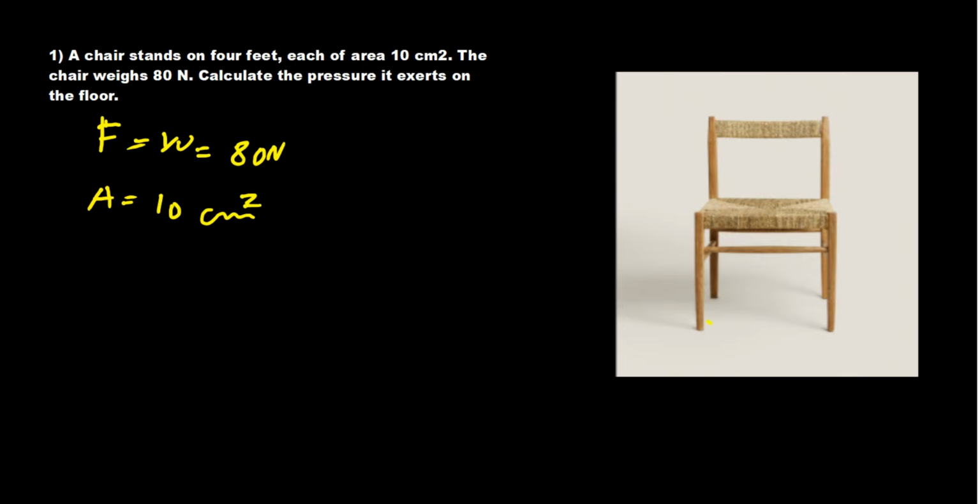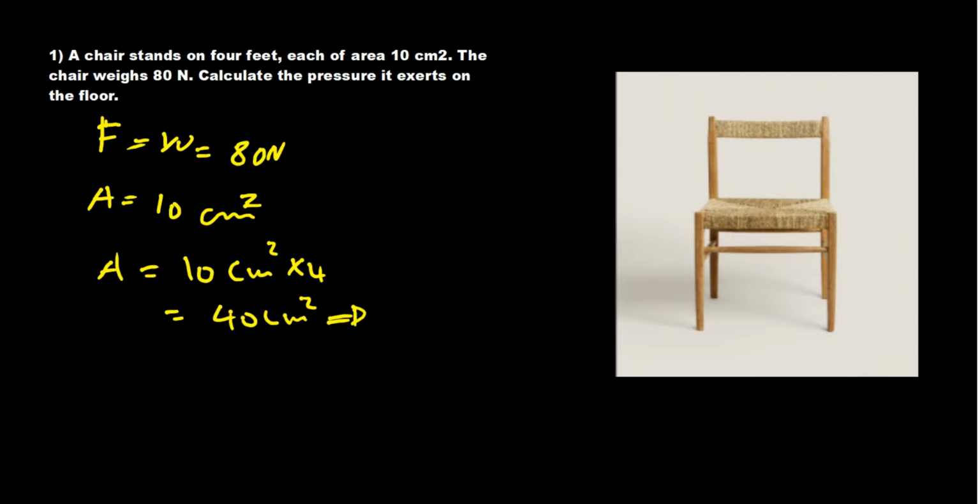So the total area that the 4 feet of this chair have will be equal to 10 centimeter square as of 1 foot times 4, which will be equal to 40 centimeter square.